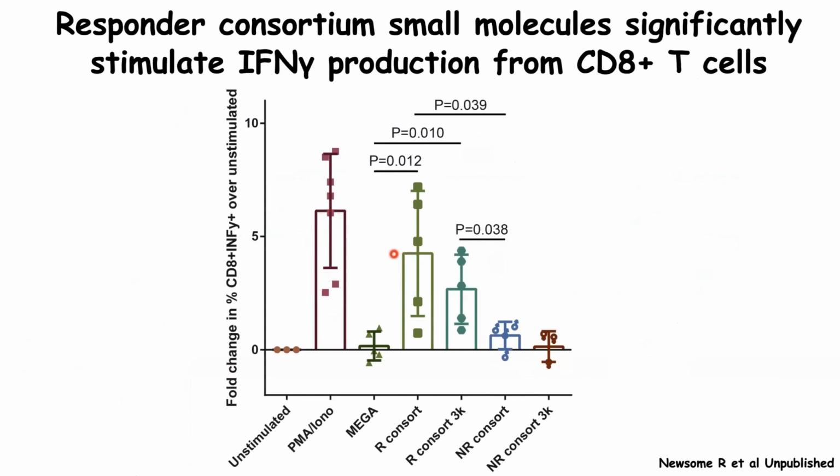This is our consortium responder before the filtration at 3K, and this is after filtration at 3K. So we still have bioactivity in the small molecule compartment of this filtrate. And this is the non-responder. So the non-responder consortium does not induce interferon gamma. So we were very happy with that because now we know it's a small molecule.